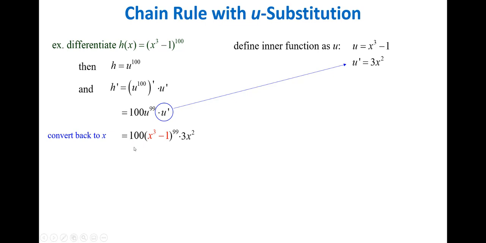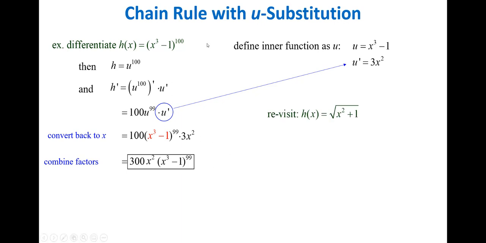And not a bad idea to do a little housekeeping at the end, combining like factors. So 100 times 3, we'll have 300, and it just looks a little nicer to put the x squared in front, and then I'll put the x cubed minus 1 to the 99th. As you can see, a lot less steps to use the u substitution, and again, can't stress it enough, makes it less likely for you to make a silly mistake along the way.